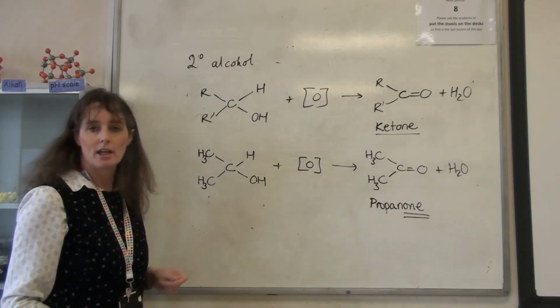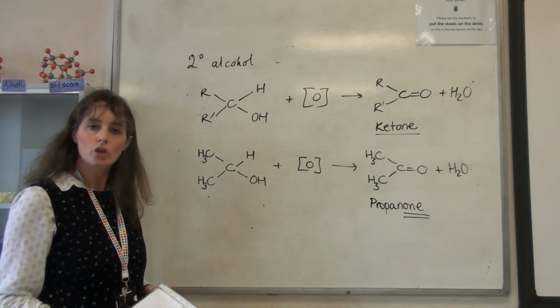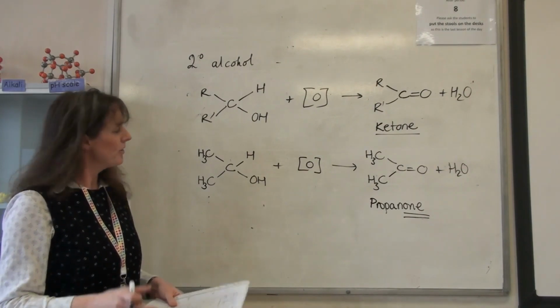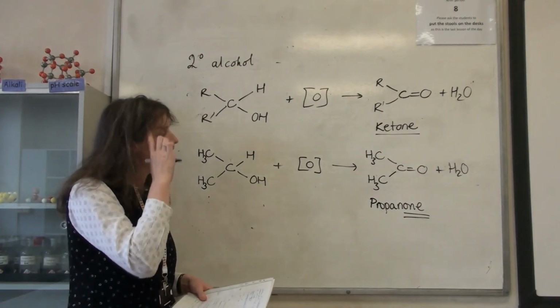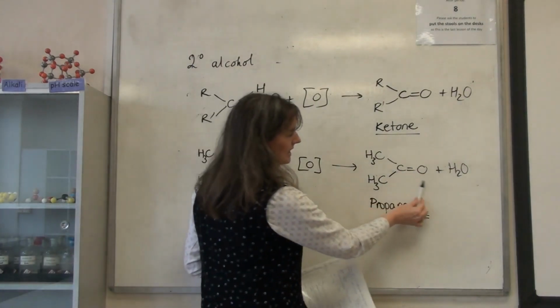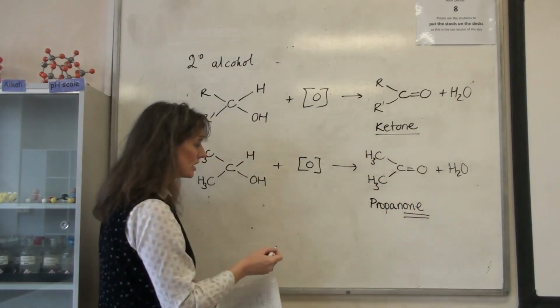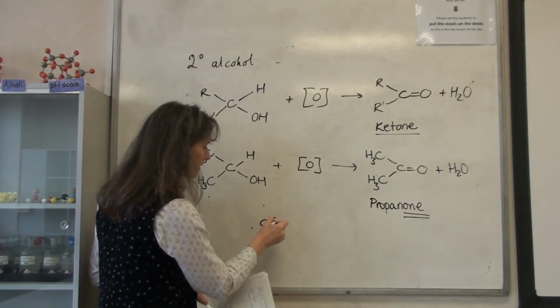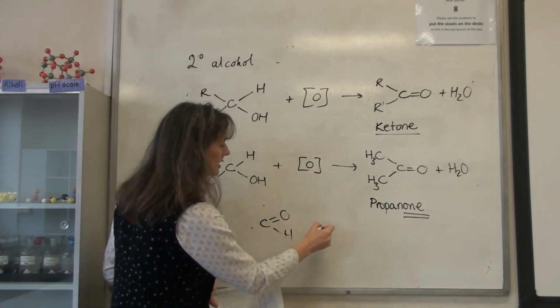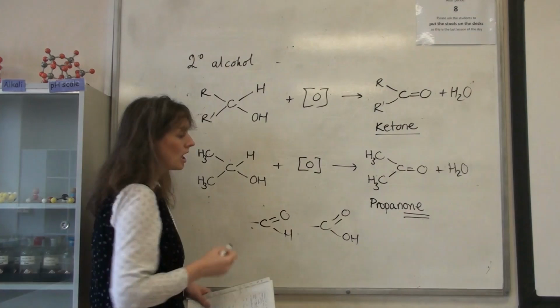Now, unlike our primary alcohols, ketones will not further oxidise. If you think about what happened with an aldehyde when you had a C double bond O, remember one of these was an H, and when it oxidised further, you had an aldehyde turning into a carboxylic acid.